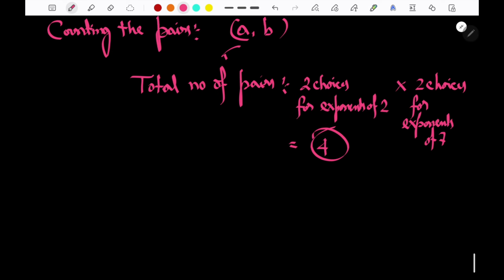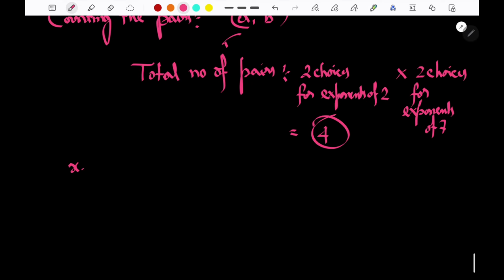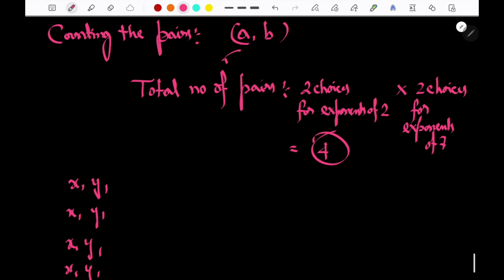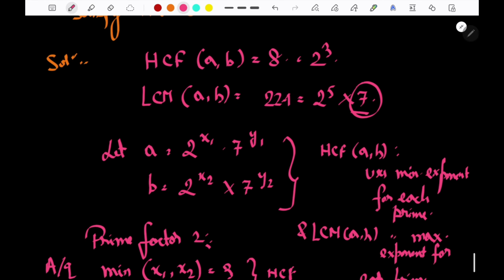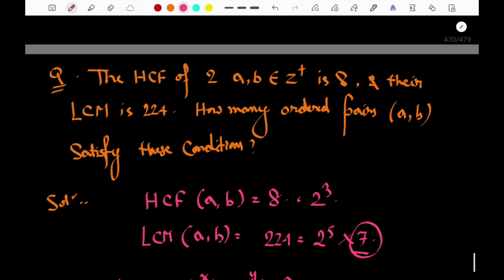So what are the pairs? We are talking of the LCM.